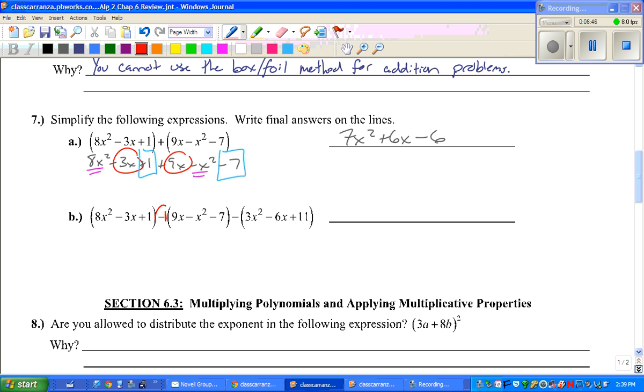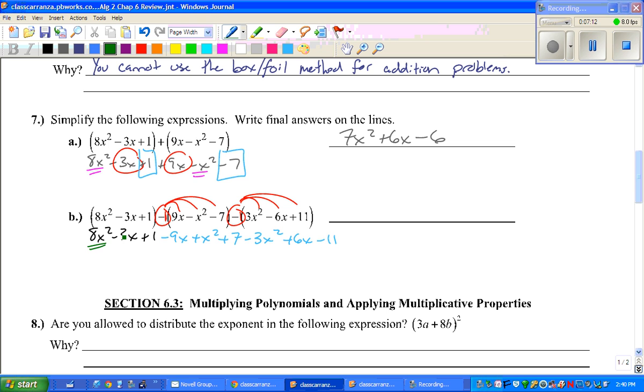Now, when there's a negative sign, that means you have to distribute that and change all of the signs. So now we have 8x squared minus 3x plus 1. And now everything on the back side changes all of the symbols. So minus 3x squared plus 6x minus 11.